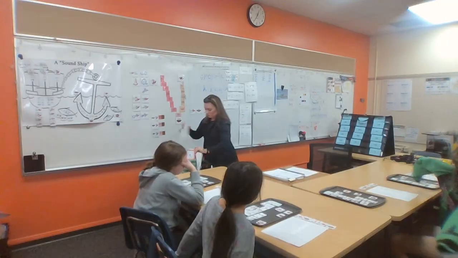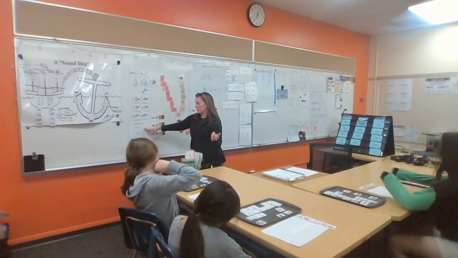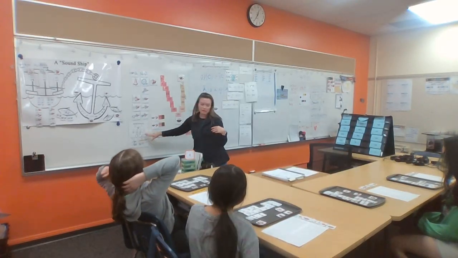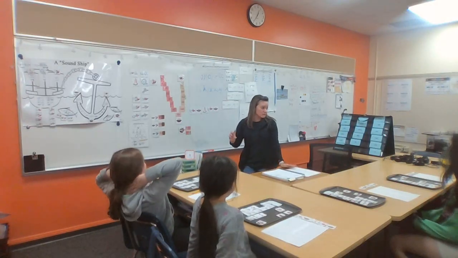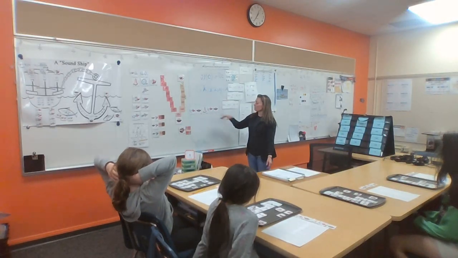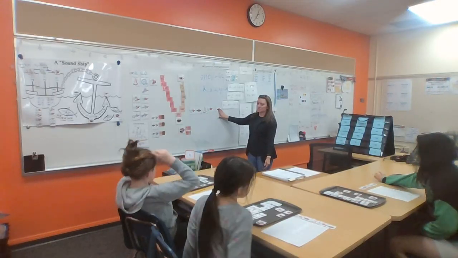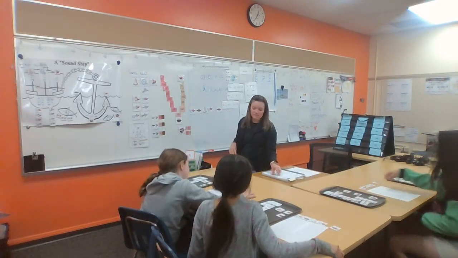So we need to look and listen. We just did that. Echo. Unblend. We need to identify our base word and our suffix. So let's look at this word, bumpy. What's our base word? Bump. So our suffix is Y. We need to make a decision.